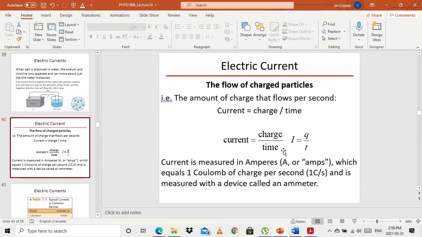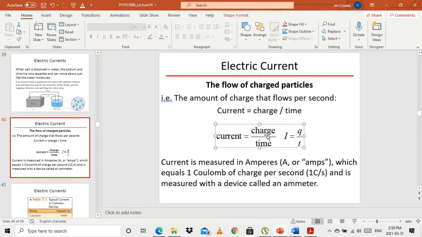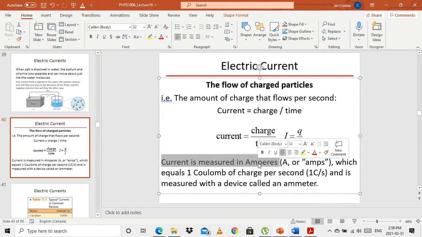Now here we go, electric current. Here is one of your formulas. I is current. This is the flow, or the amount of charged particles, per second. So the current is equal to the charge divided by time. Current is measured in amperes, A, or amps, which is kind of slang.